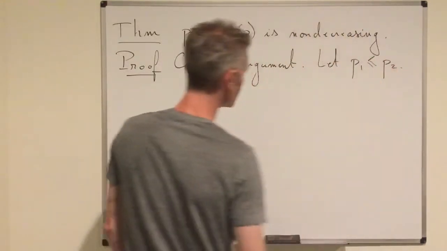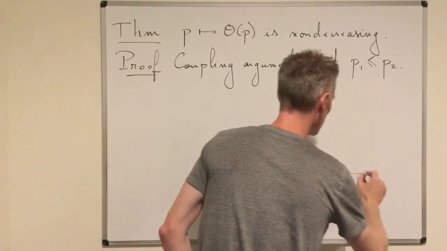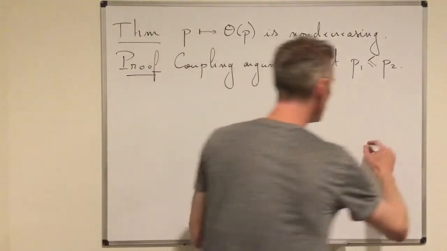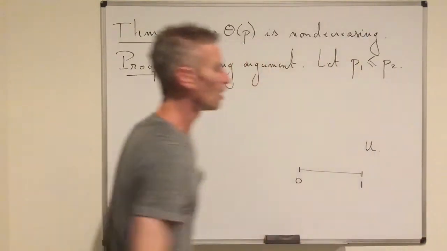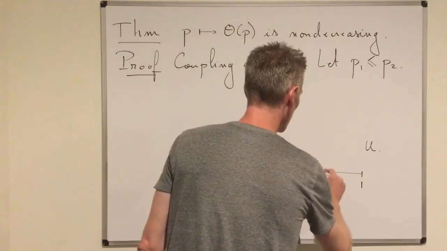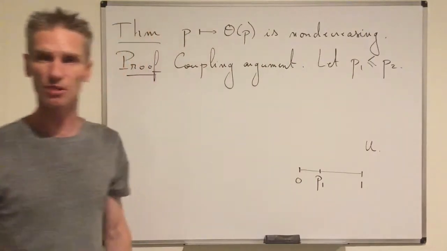So more precisely, the idea is the following: to couple the edges, I'm going to take the interval 0, 1. Then I'm going to take a uniform random variable U on this interval, and I'm going to put P1 and P2 here. So P1 and P2, of course, are probabilities, so they are between 0 and 1.